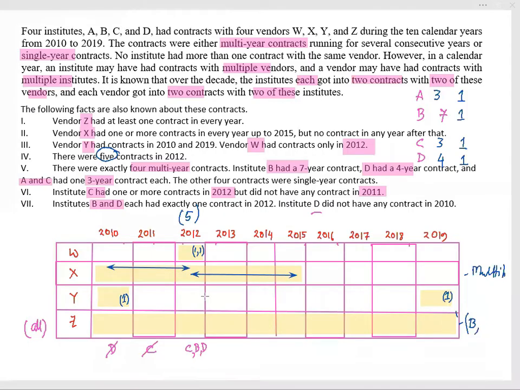Now looking into this contract, I can find that as overlapping is here, it should be 2 contracts. In 2012, W 2 contracts and Z 1 contract. So it should be a total of 5 contracts. Now these 3 and these 4 as they are. So what can it be, how can I fit them? This 4 is definitely for D.